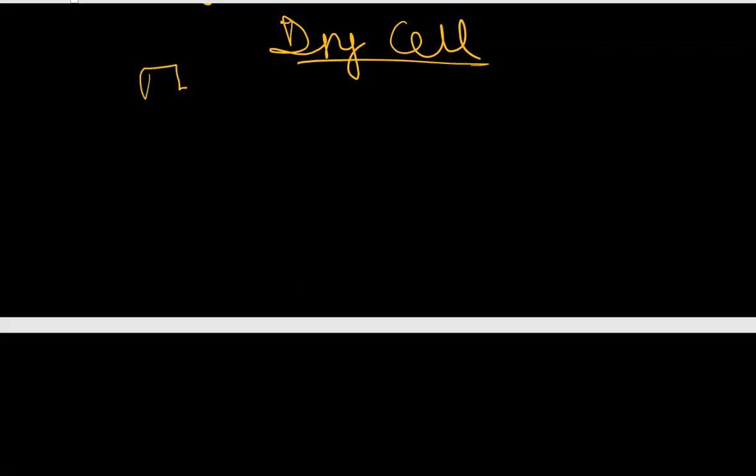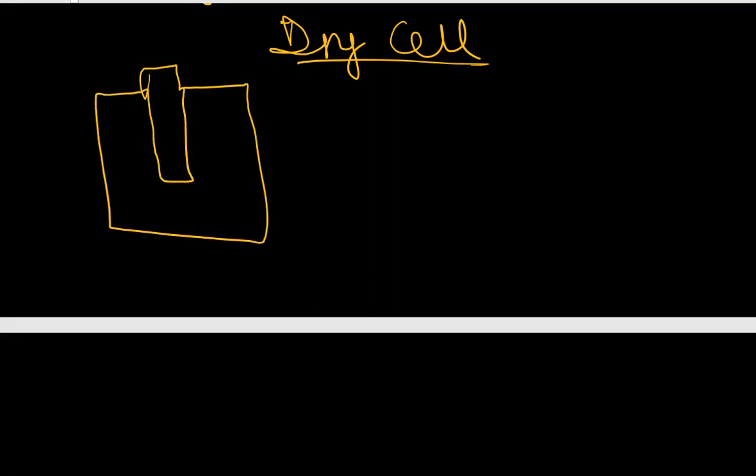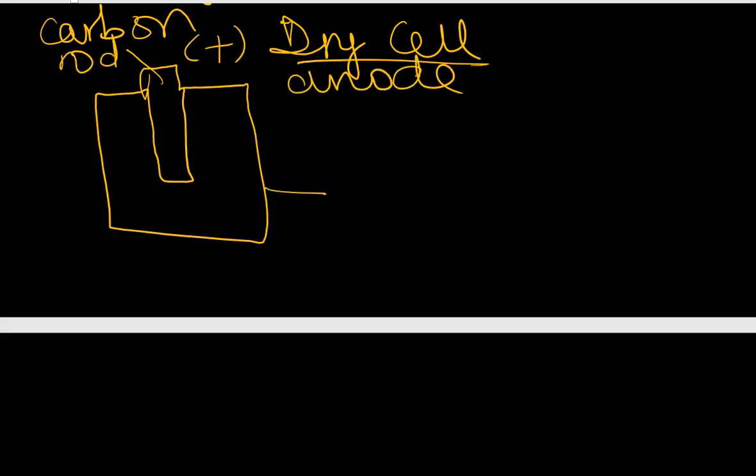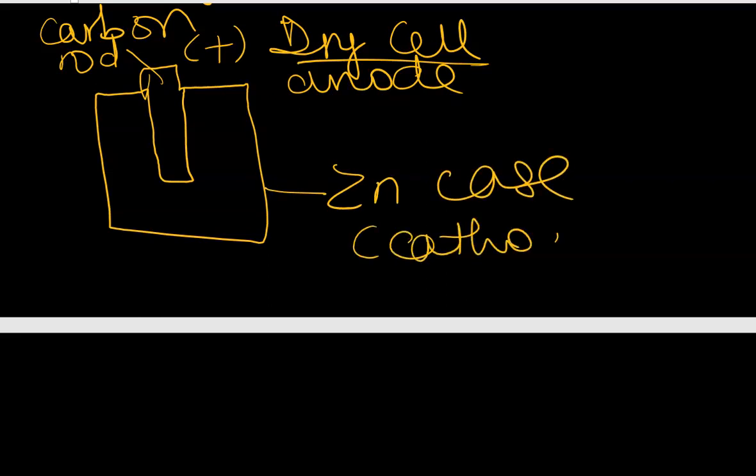Now, one of the things you have to look at is the dry cell. Your dry cell, and this is a popular diagram you need to learn, has these components. It has a carbon rod, which is your anode, positively charged. You have a zinc casing, which will function as your cathode, negatively charged.